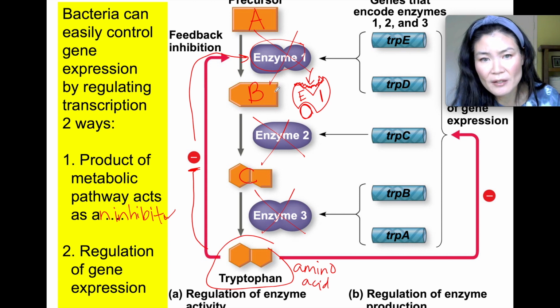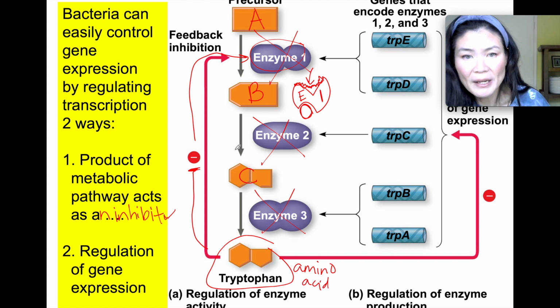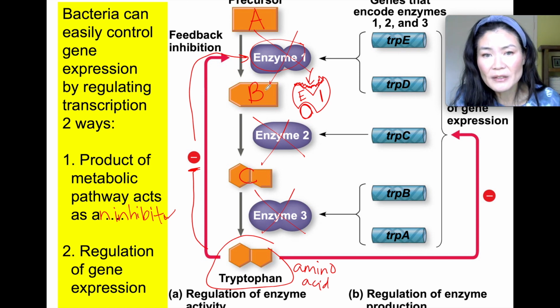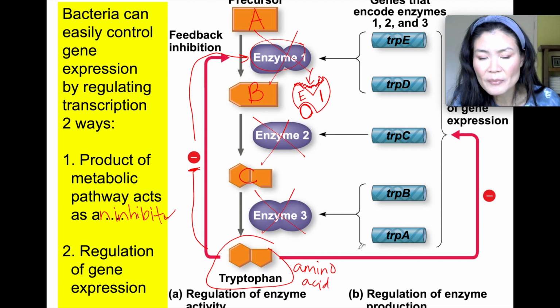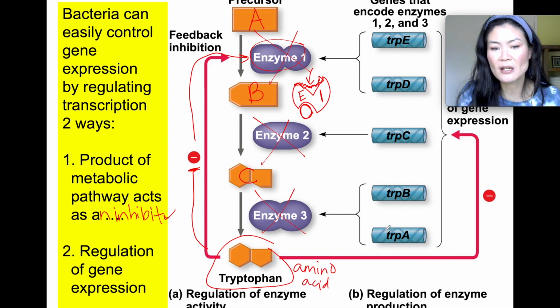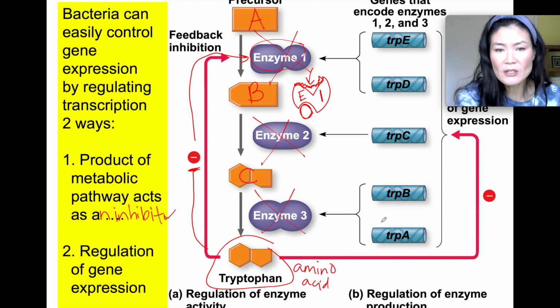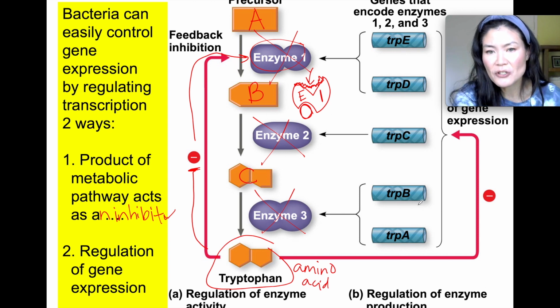Therefore, it shuts down the entire metabolic pathway by inhibiting enzyme 1. But the enzymes are still being made in this way. Okay, so really shutting down the genes is the most efficient, the most energy conserving way that bacteria can control gene expression. So how do bacteria shut down these genes?